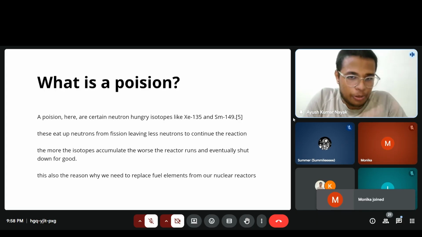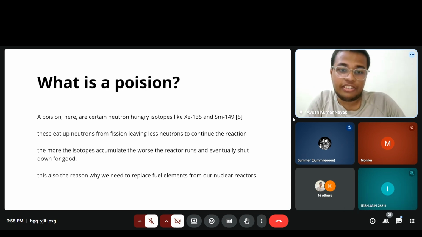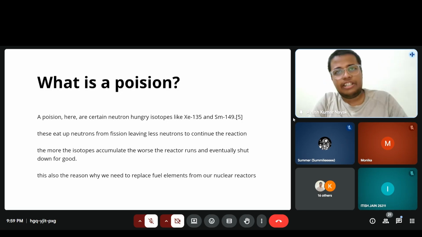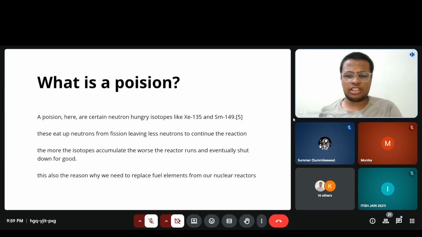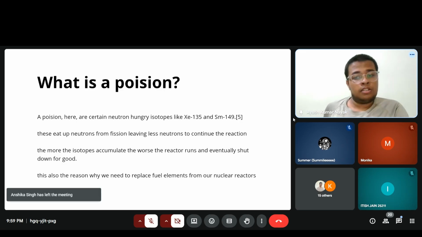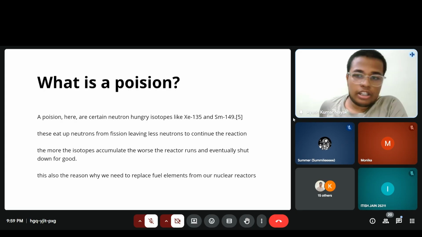These eat up the neutrons, leaving very few neutrons to sustain the nuclear chain reaction, and the reactor shuts down. But it takes a significant concentration of it. I'm not sure how much really, but as it builds up, it shuts down the reactor for good.